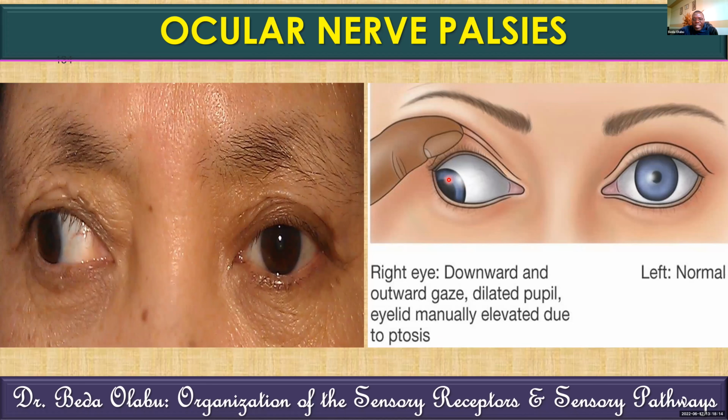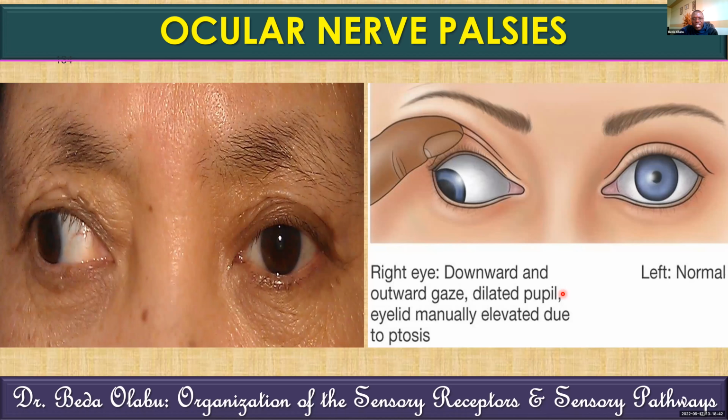The pupil is also dilated, and the reason why the pupil is dilated is very important to pick. If somebody has oculomotor nerve injury, they'll have a downward outward gaze, and I've given you the reason, but they'll also have pupillary dilatation. The reason is that the oculomotor nerve provides the parasympathetic nerve supply to the eye, which causes pupillary constriction.